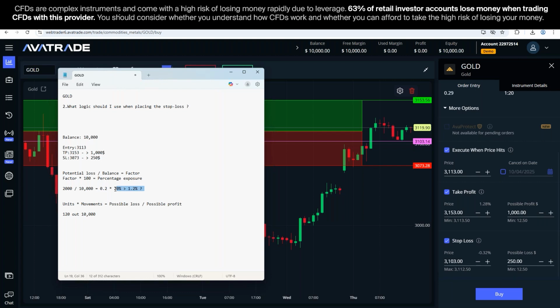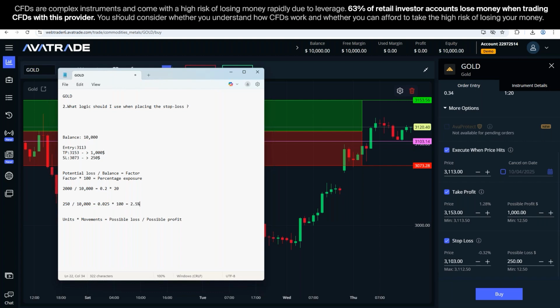We're no longer in exposure of 20%, but we are in exposure of 2.5%. How can I validate this? With the same equation in here, 250 times 10,000 equals 0.025 times 100.